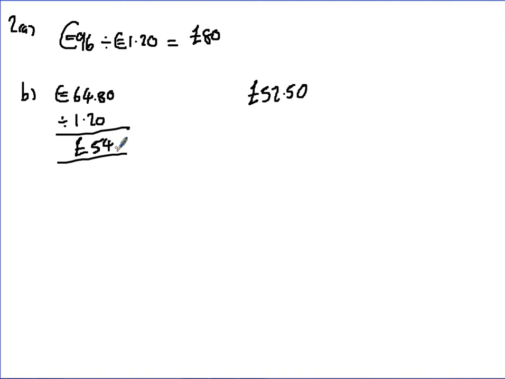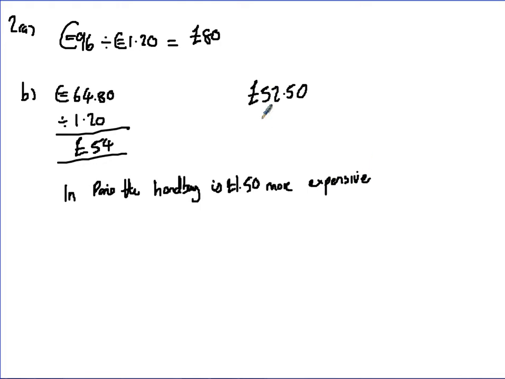So the comparison then is, in Paris the handbag is, and then you work out the gap between the two, £1.50 more expensive. The other way you could have done that is convert this by timesing by 1.2 to get that into euros and compare them that way as well. Both answers are acceptable.